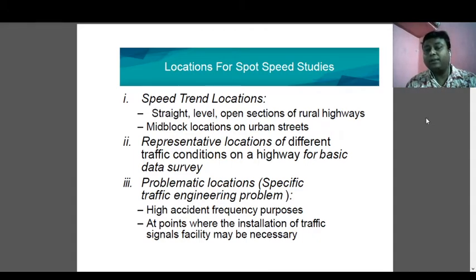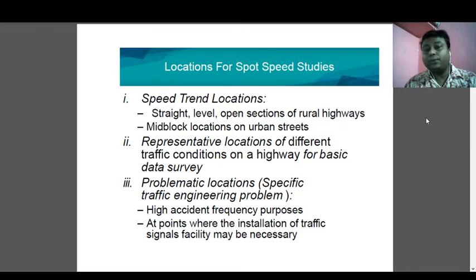Because our primary aim is to select a straight road without any intersection, meaning no minor road meeting a major road. That is the primary criterion for selecting the location for the spot speed study. We prefer mid-blocks because they are generally free from any interaction or cross section. Next are representative locations of different traffic conditions on a highway for basic data surveys.